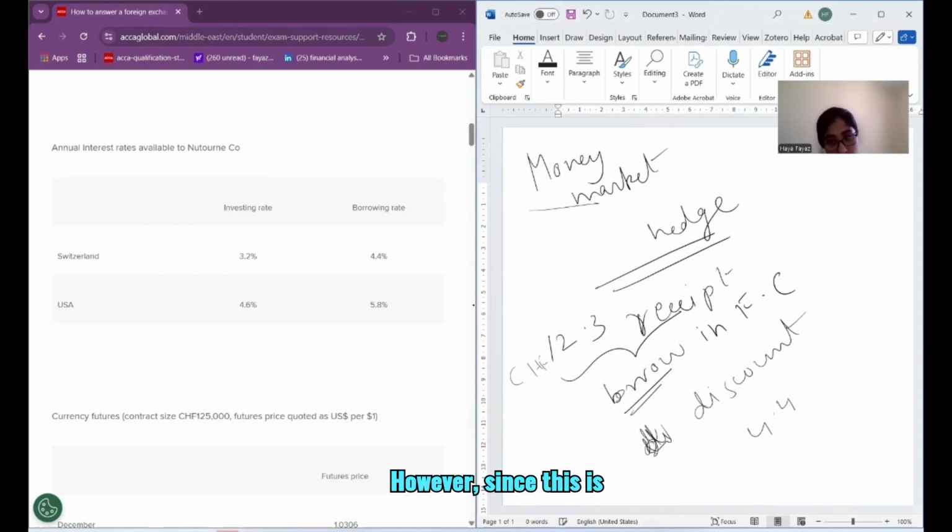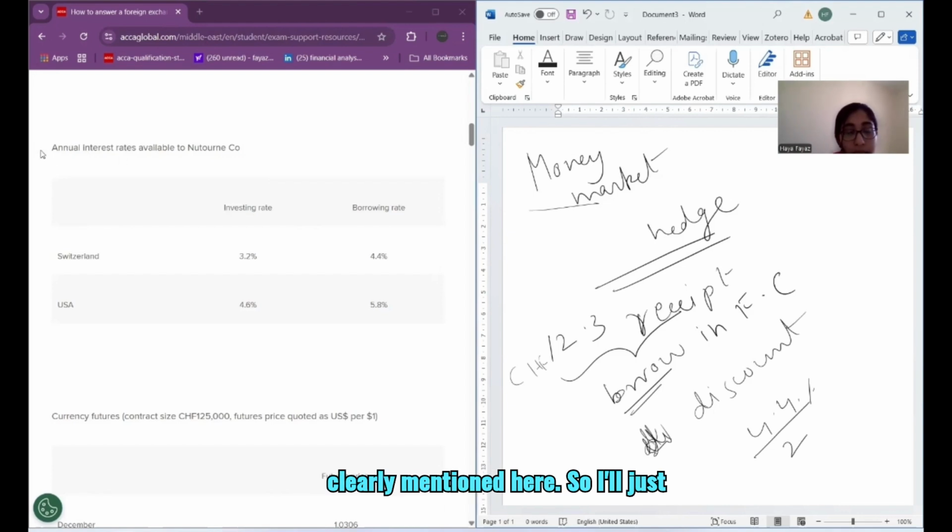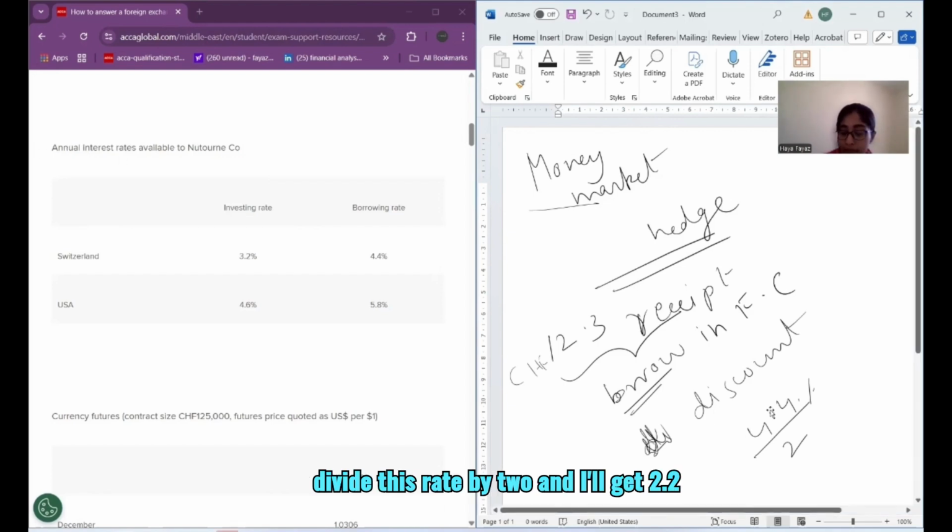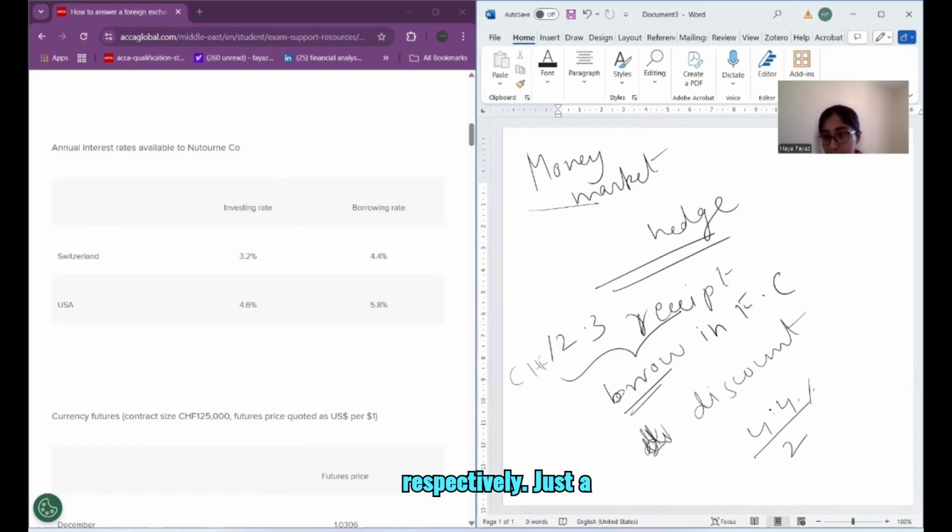However, this is a future payment happening in 6 months, which means I need to discount it from 6 months to today, so I need to divide this rate by 2. As simple as that, because this represents annual interest rates, it's clearly mentioned here. So I'll divide this rate by 2 and get 2.2.